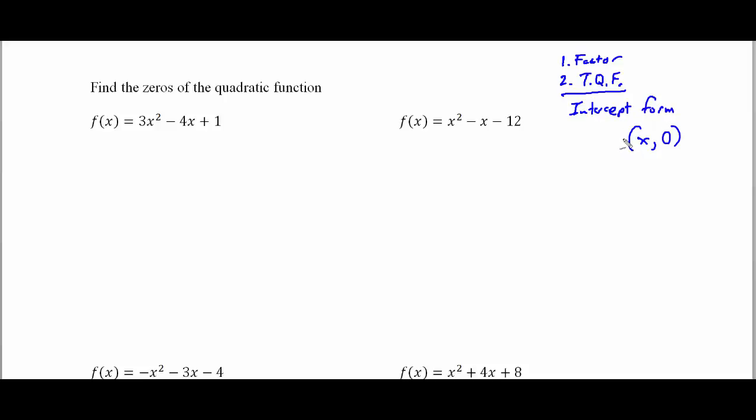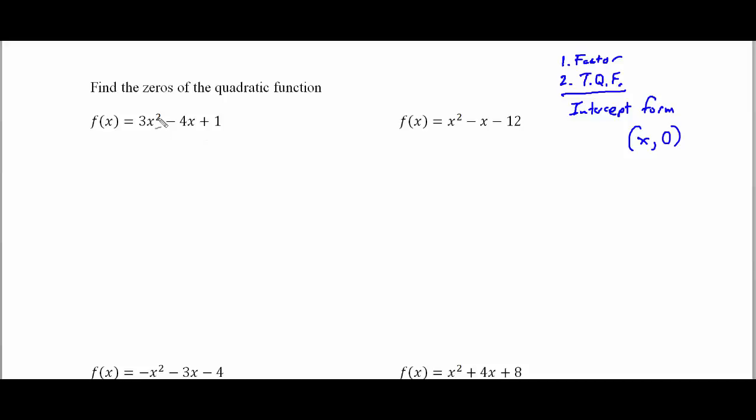I also said in a previous video you can graph, and graphing does work, and it works very well if the zeros are integers. And you can verify that on the table, but only on one of these 6 problems are the answers actually integers. So for the other 5 problems, we'll definitely use factoring or the quadratic formula to help us out here. So let's begin by looking at this problem.